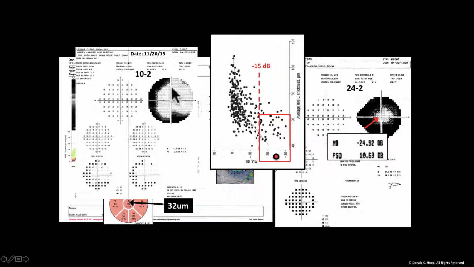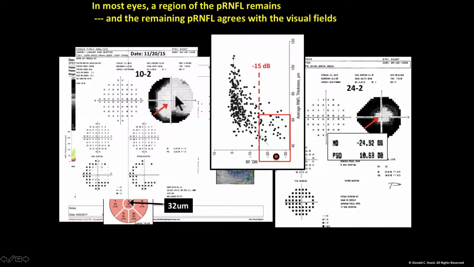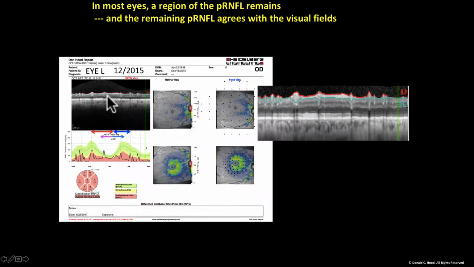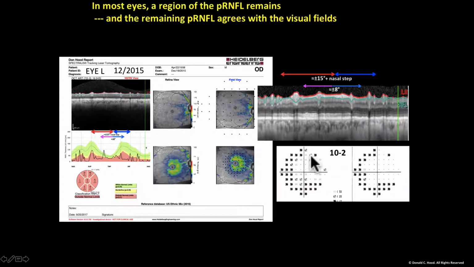So here's a 10-2 in this patient. That should show up on the OCT. So in most eyes with advanced glaucoma, a region of the retinal nerve fiber layer remains as long as there's some preserved function someplace on the 24-2. All right, so let's blow this image up and put our model on top. Okay, so the 10-2, let's just relate this now.